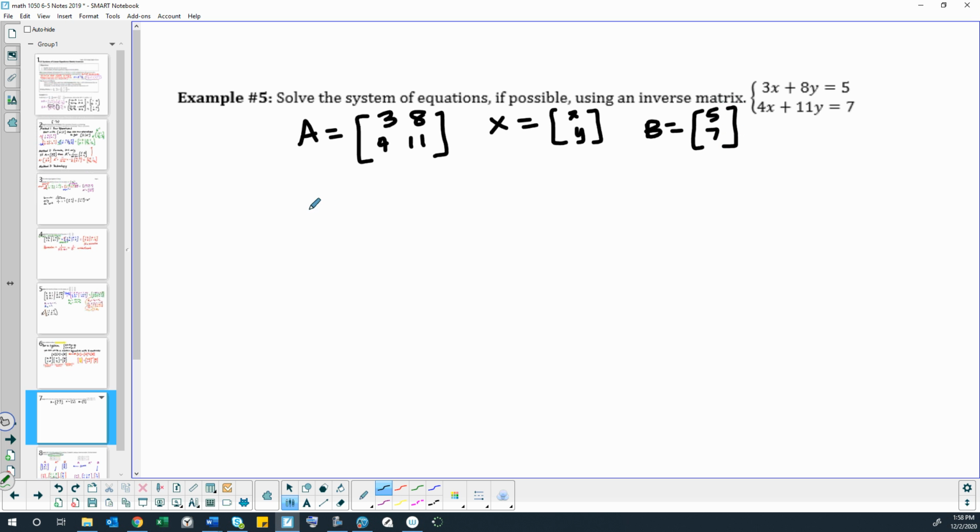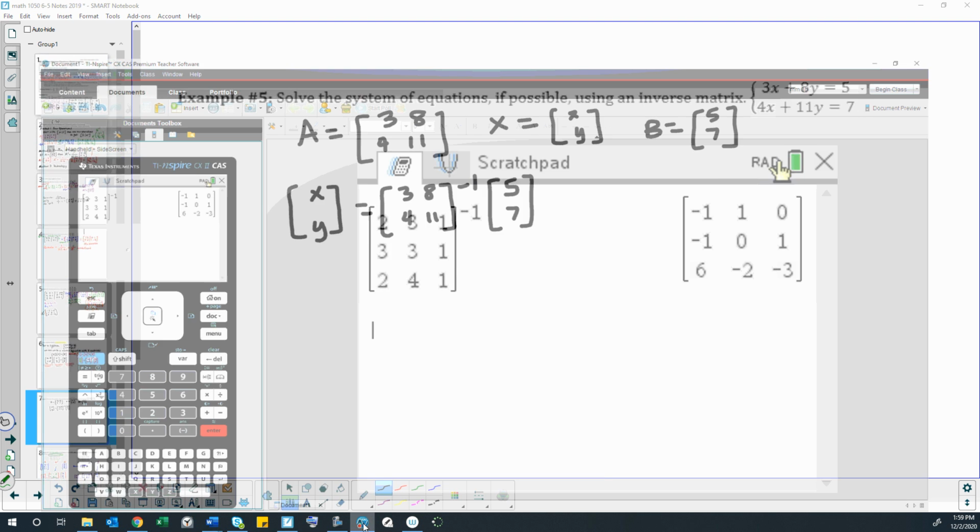So to solve this problem, in order to find our x, y values, we are going to take the inverse of 3, 8, 4, 11, and we're going to multiply that times matrix B. I'm going to show you first with a calculator. So here's my calculator. My matrix is 3, 8, 4, 11.